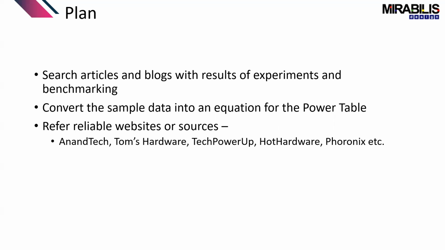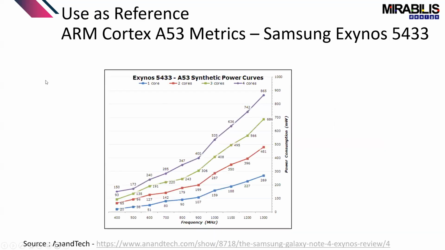So we get the data and then we convert it into some sort of equation which can be entered in the power table. Now, we have to make sure that we are looking at reliable websites or sources. Some examples are AnandTech, Tom's Hardware, TechPowerUp, Phoronix, etc. Here we are using an AnandTech article as a reference to get the ARM Cortex A53 metrics.